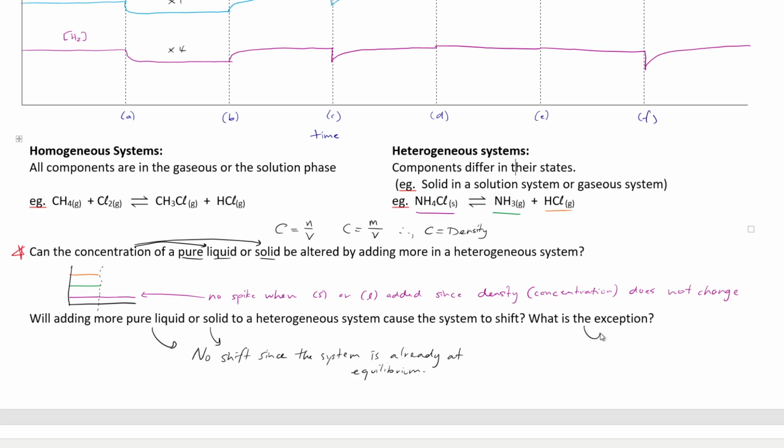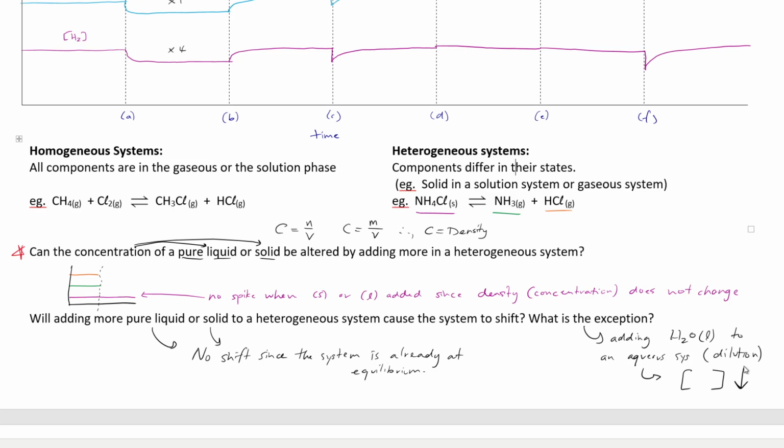The exception to this is adding pure water to an aqueous system, as this will cause all your concentrations to decrease, because that causes dilution.